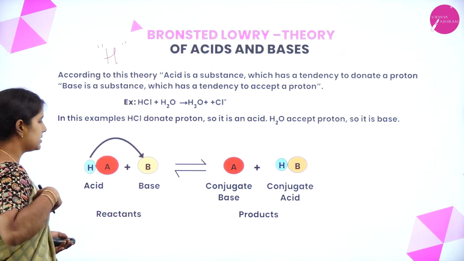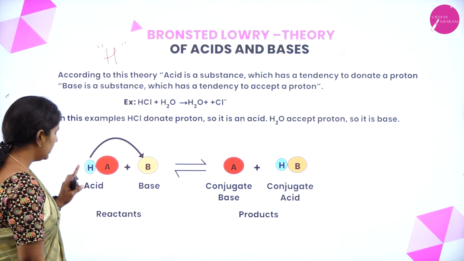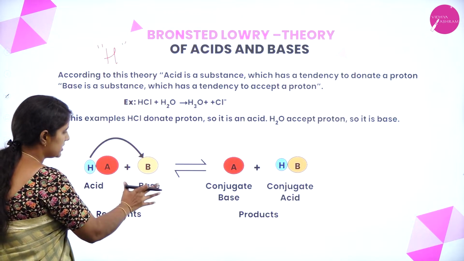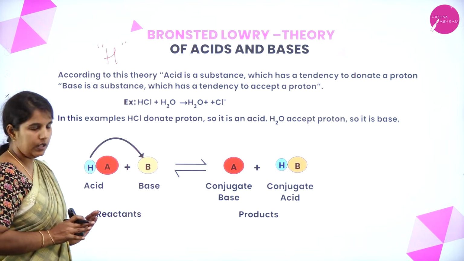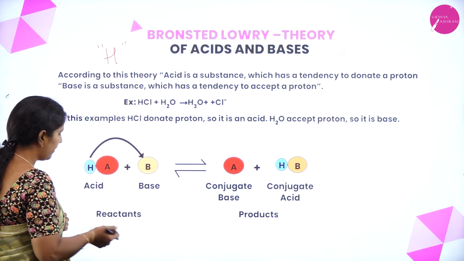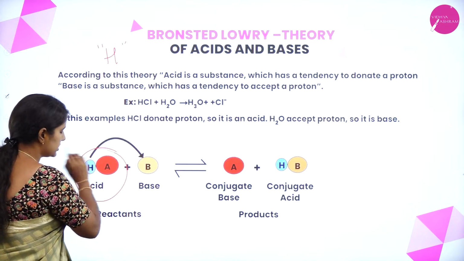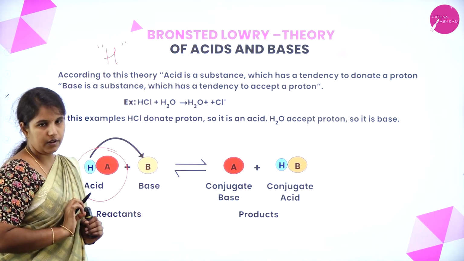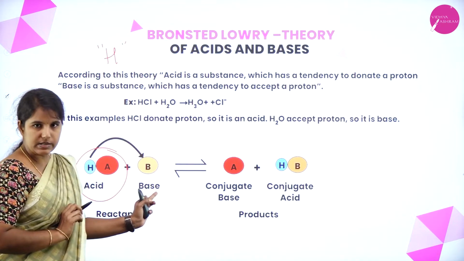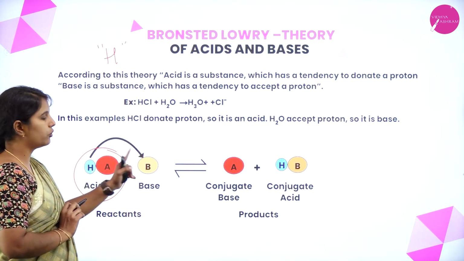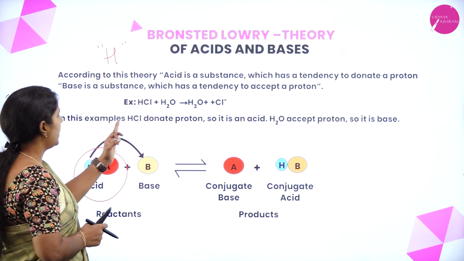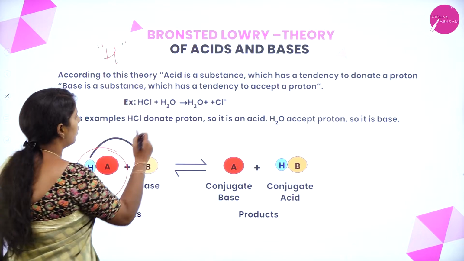You can take the example here. You can see that these two are the reactants, that is acid and base, which are giving rise to the product. Now we have understood that an acid is a substance which is going to give what? H plus ion. Correct, no? Whereas a base is a substance which is going to take this proton. So, the example is HCl with the water molecule.